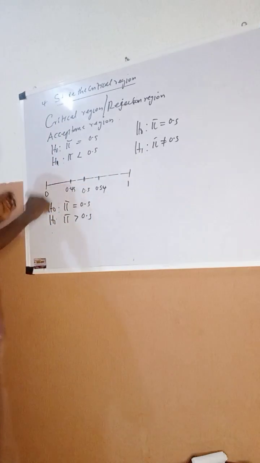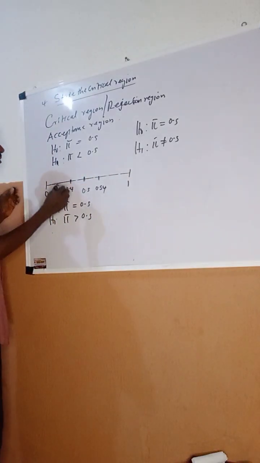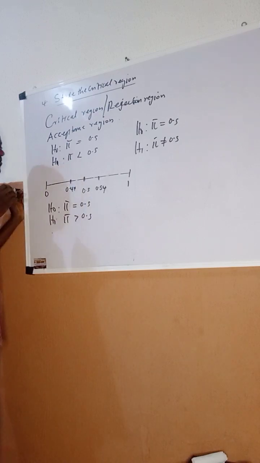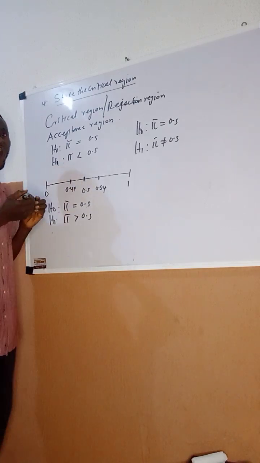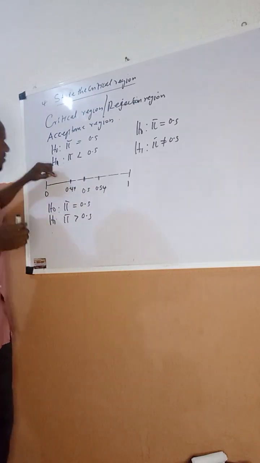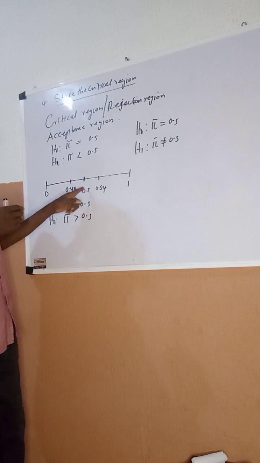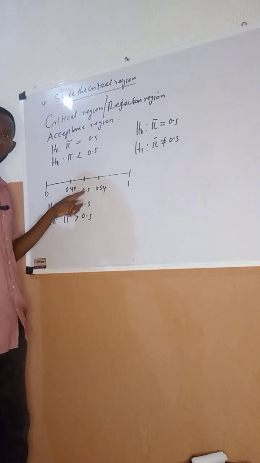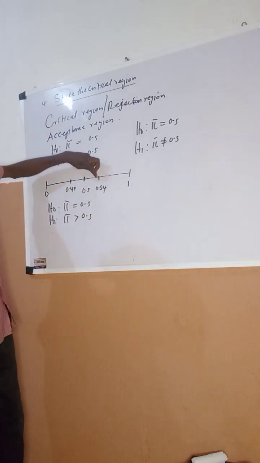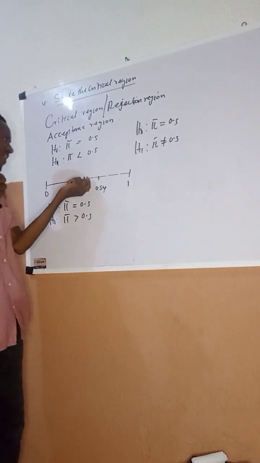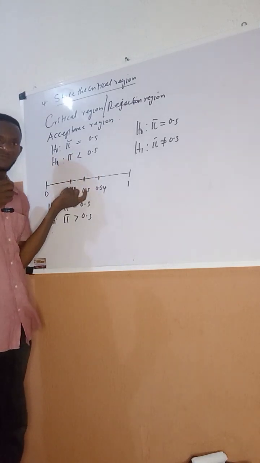So we might just come here and use either 0.44 and then 0.54. Any value that is going to fall between this 0.44 and this 0.5 are values that are close to 0.5. But any value that falls between this 0.5 and 0.54 are equally values that are very close to 0.5.